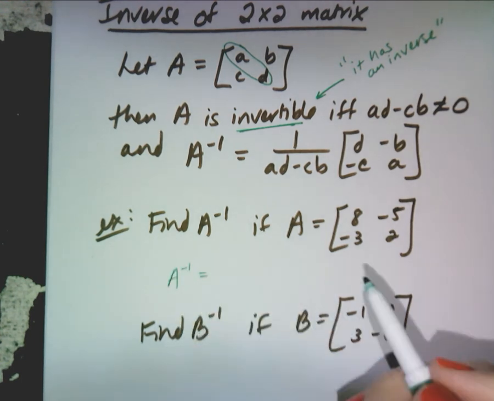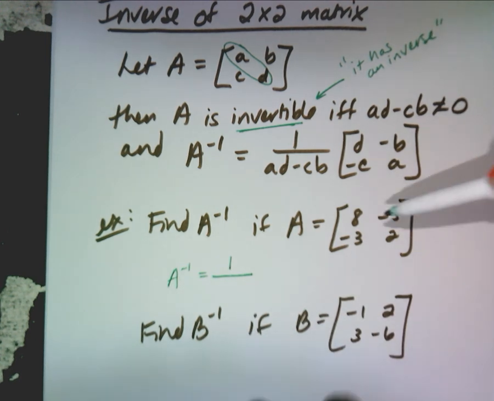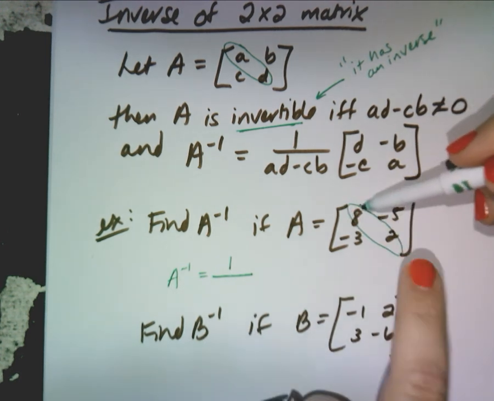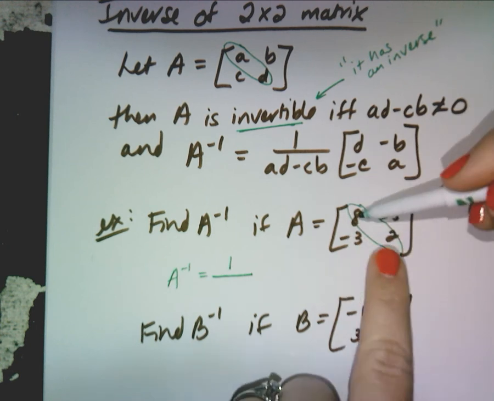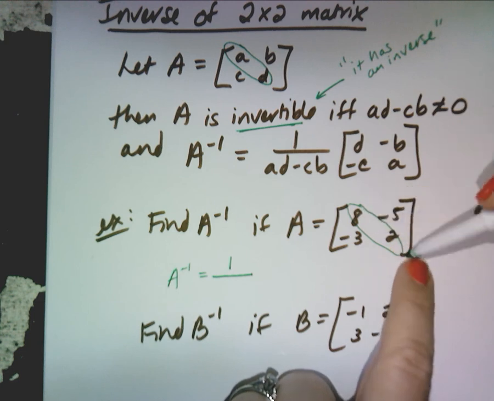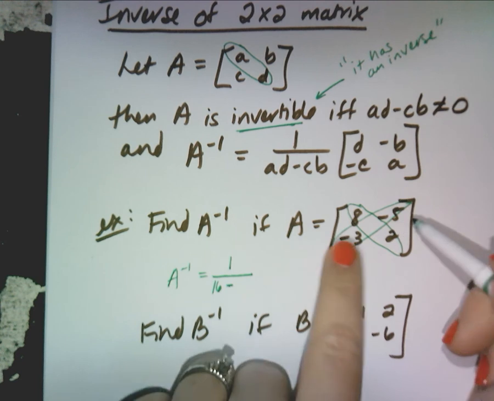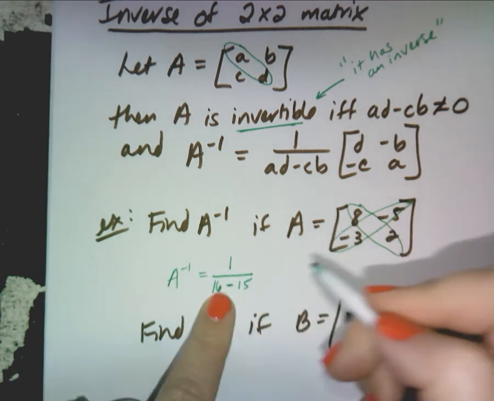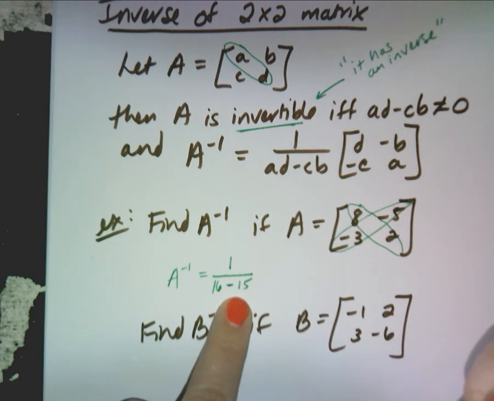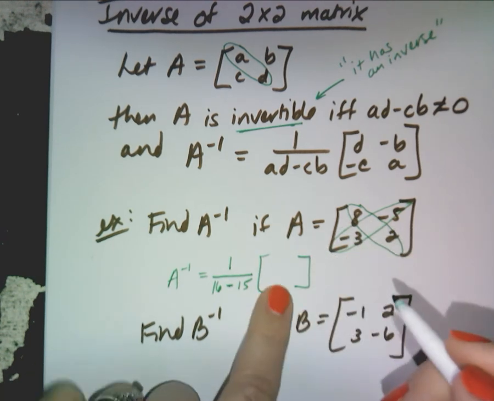A inverse says 1 divided by, now be careful though, you always have to do the left diagonal minus the right diagonal. Left first. So 8 times 2 is what? 16 minus, what's a -3 times -5? Isn't that positive 15? Well, that didn't give me 0, so I'm not going to stop. So 16 minus 15 is 1, so really this is just 1. Then multiply that to the matrix.